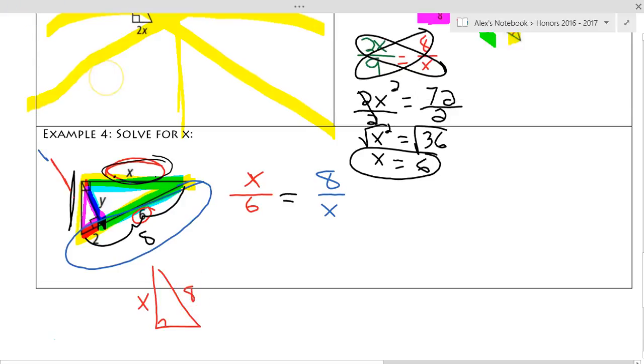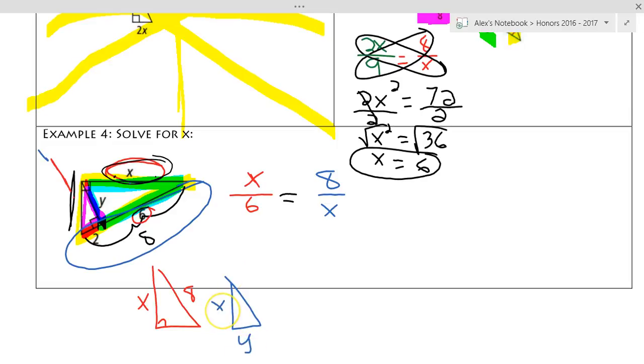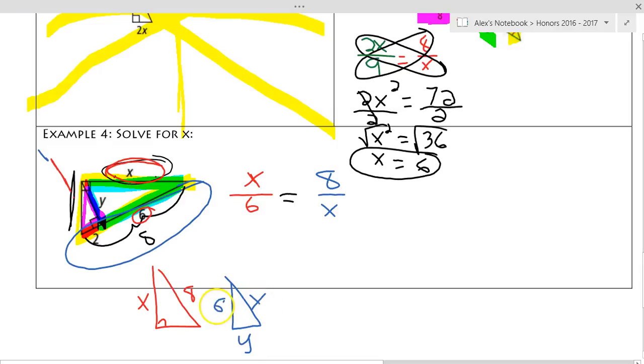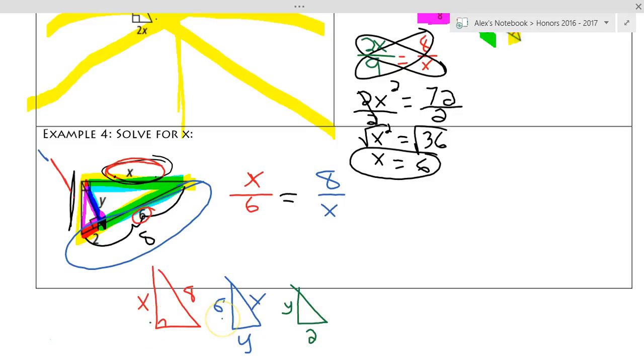That blue triangle, which I'll draw in blue, had y on the shorter leg, x on the longer leg, or no, sorry, x on the hypotenuse, and 6. And then we could also draw our little triangle, which has 2 on the shorter leg and y on the longer leg. Right? So you can draw all your triangles. So we're just looking for x. So I started with x over 6, and then 8 over x. If you want to break up those triangles, sometimes it helps with seeing what parts match.